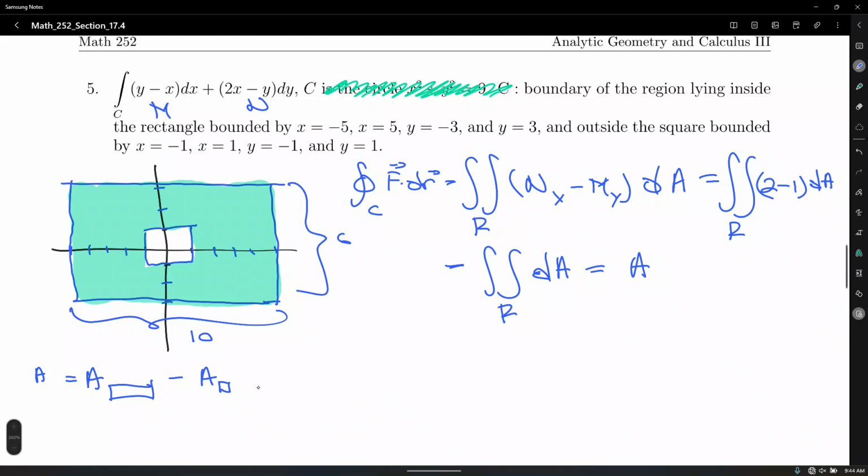That's 6 units. So 6 times 10, minus 2 units by 2 units, 2 times 2. That equals 60 minus 4, which is 56. So the value of the integral is 56 units.